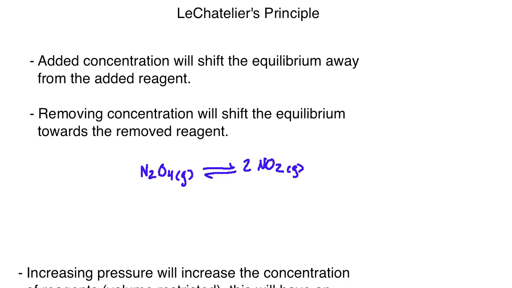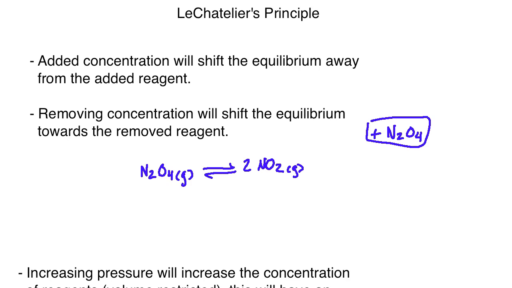So let's look at the first one. An added concentration will shift the equilibrium away from the added reagent. So this reaction right here, it's currently in equilibrium. And let's say that I come in and I say, I'm going to dump a whole bunch of N2O4 gas into the vessel and see what happens. Well, if I disrupt the equilibrium by adding N2O4 gas, it's going to get rid of some of it in order to reestablish the equilibrium.